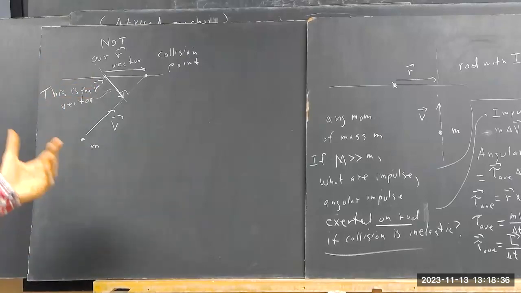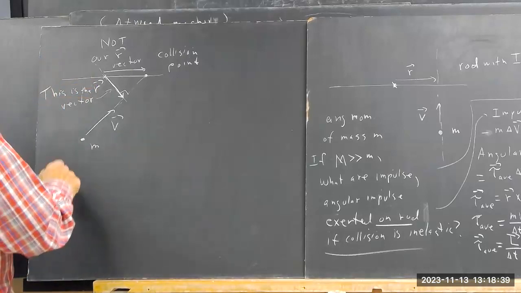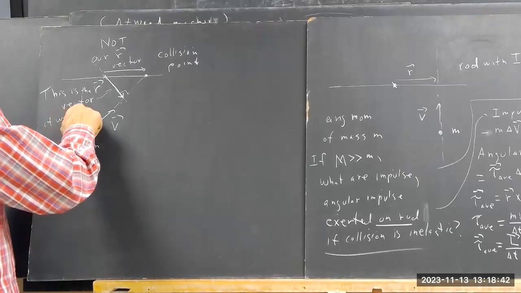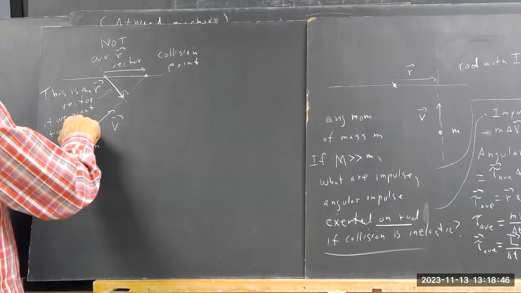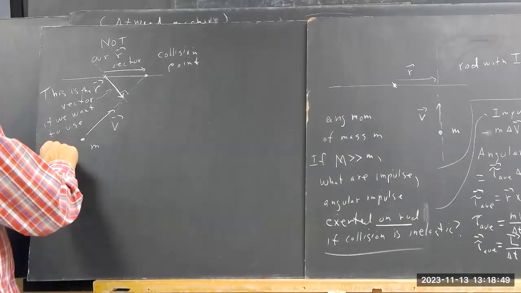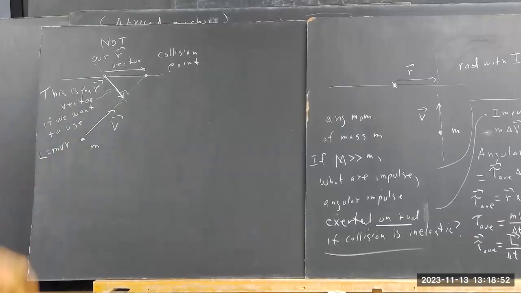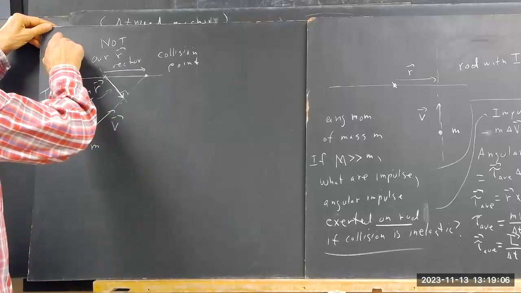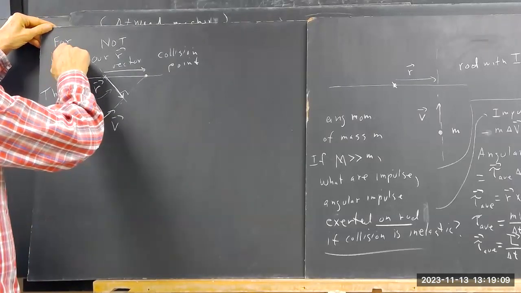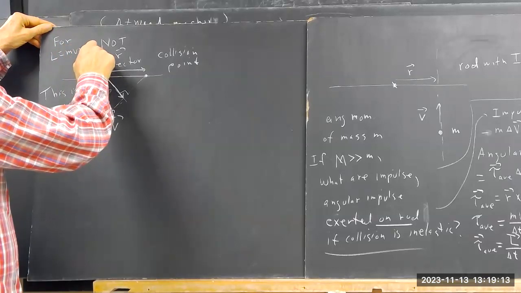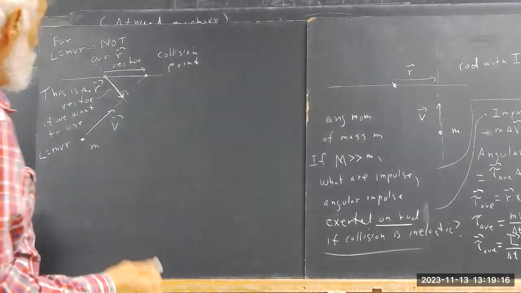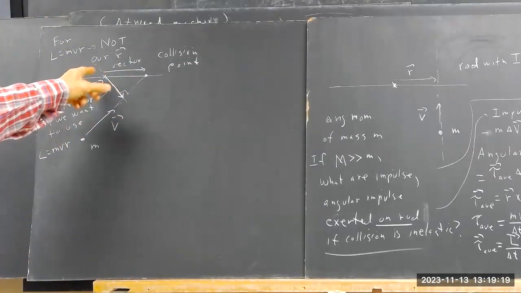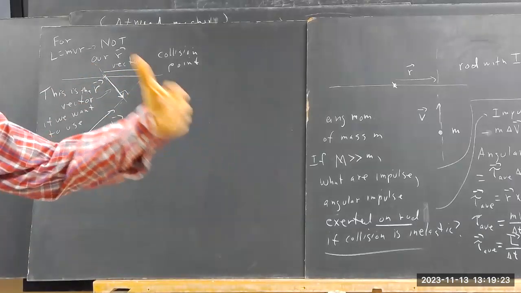If you want it to be perpendicular, if you want to just do MVR, we want to use L equals MVR. I should have qualified this. MVR. However, this can be our R vector if we use vector representation.